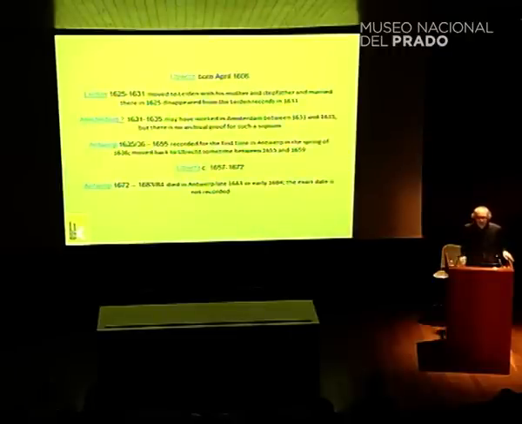A few basic data from his life. He was born in Utrecht in April of 1606 into a family that had moved to Utrecht from Antwerp for religious reasons.